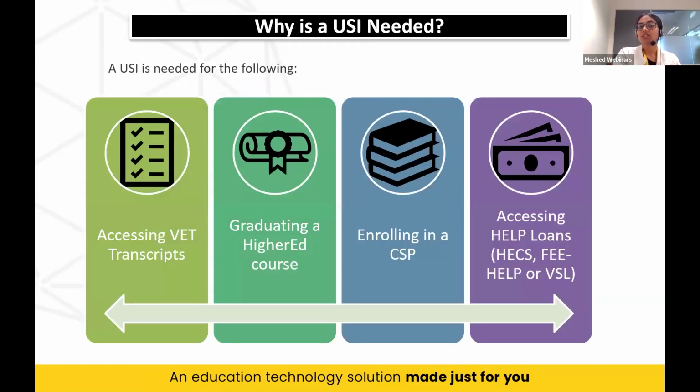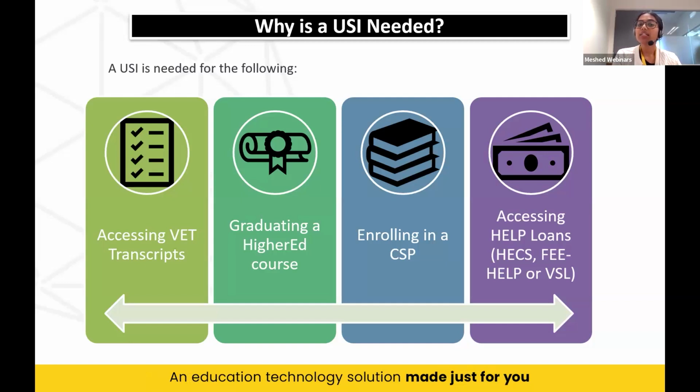So this brings us to why is a USI needed? As we have understood that there are 2 sectors of students who require a USI, which is the VET sector and the higher education sector, we can now understand why a USI is needed. First, we need a USI to access the VET transcripts, which is applicable for any student who is undertaking a VET course or an NRT course.